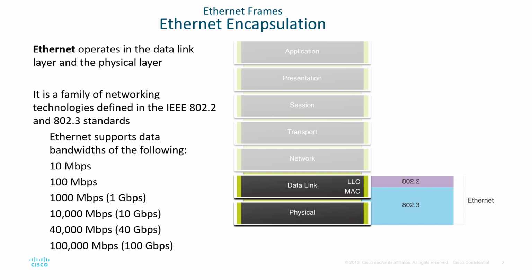layer. So Ethernet itself is a standard that defines LAN technologies. Here you see that 802.3 is the all-encompassing standard for Ethernet, and then 802.2 is actually the standard that defines the logical link layer of the data link layer.